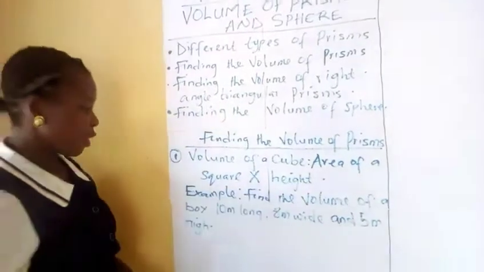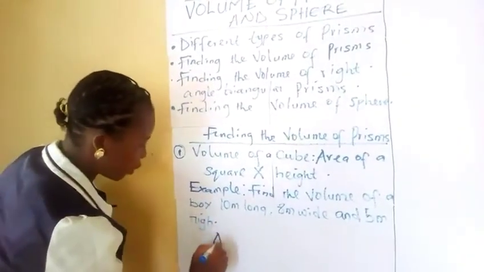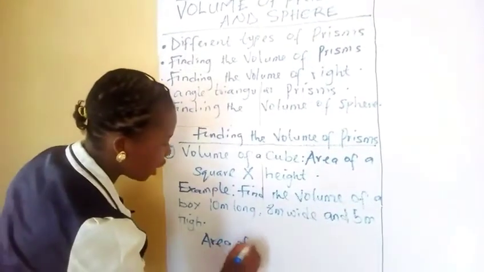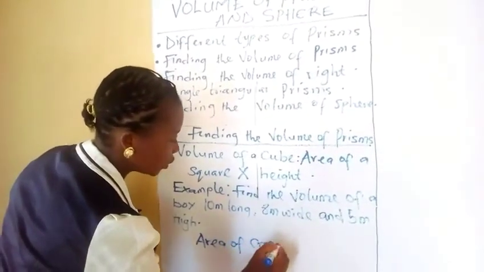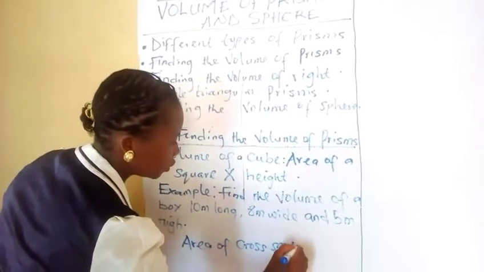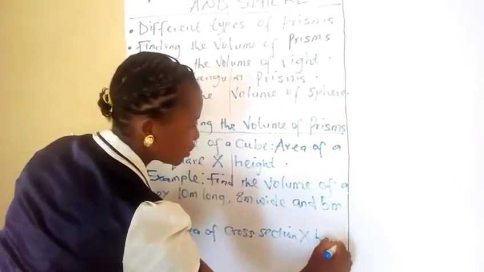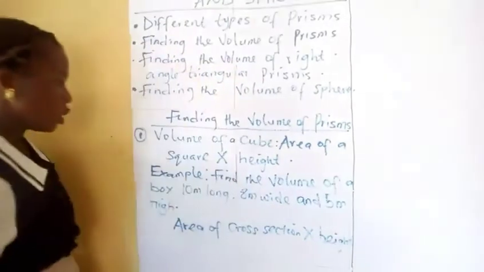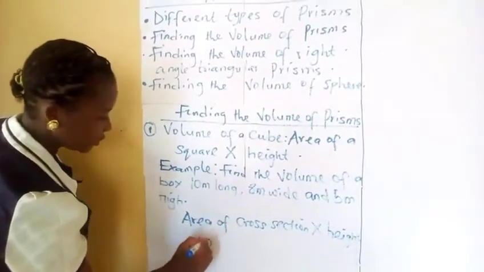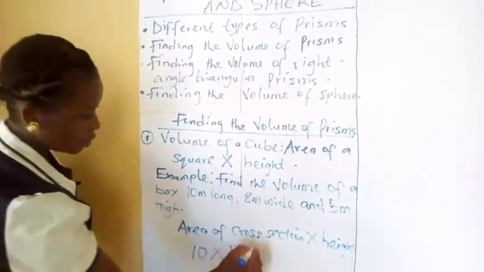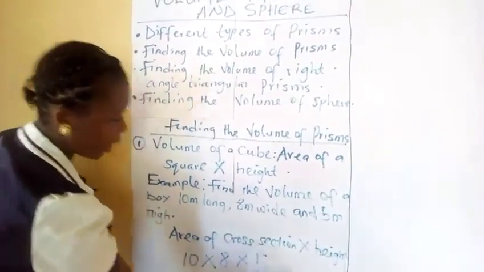Using the formula, area of square, or you can say area of cross section, times height. Very simple. So we have 10 times 8 times 5.